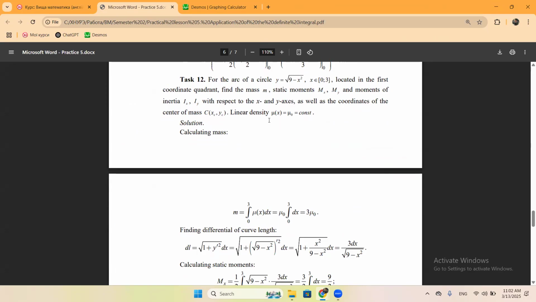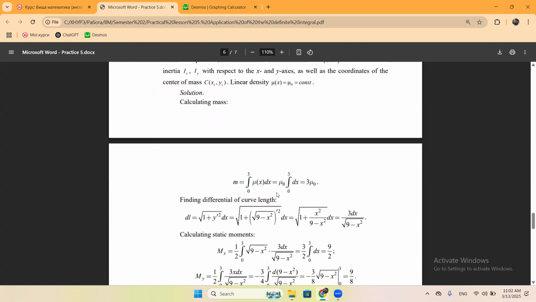So how do we find the mass? The linear density is constant. We need to integrate linear density over values of x. So we find it by this formula, and it equals 3 mu 0.